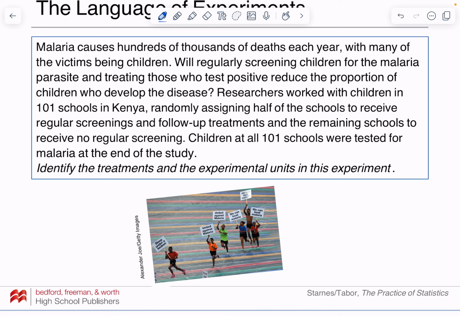Okay, so I think one of the easier things is the treatments. Who's getting what? Okay, what are the things that are being given to the people? So we're giving half of the schools regular screenings and follow-ups. So this would be one of the treatments.